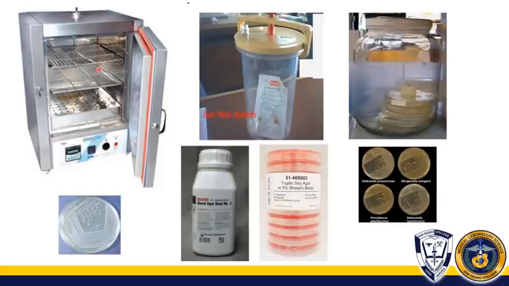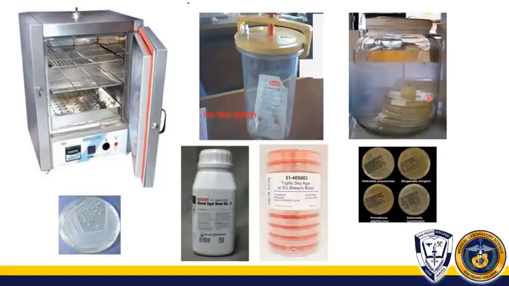Why do we need some of them to be placed in a gas pack system, like in the second picture at the center? And on the third, look at this jar, and inside it there's a candle. If we lit this candle, this will emit carbon dioxide inside a bottle.